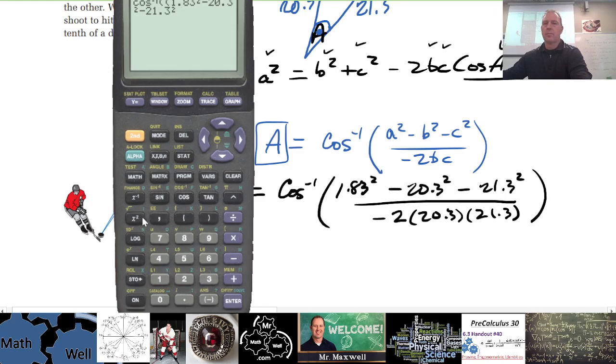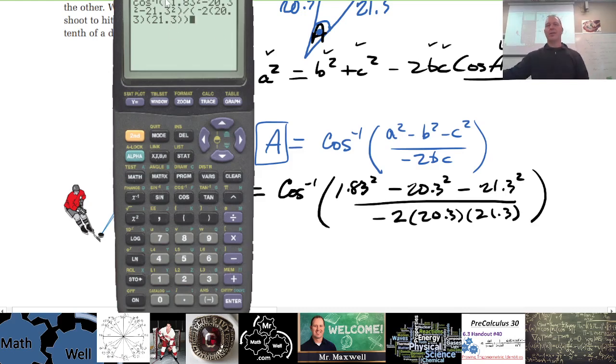Squared. So I'm going to close those brackets. We're doing the top separately, and then divided by, brackets again, -2 times 20.3 times 21.3. I think I need to have two brackets over here now.